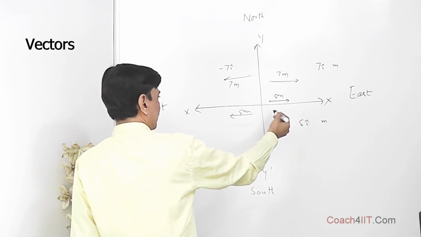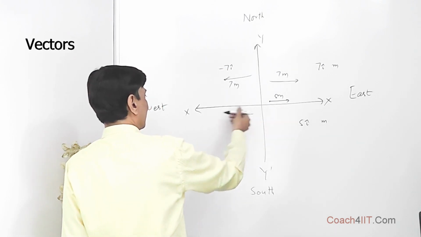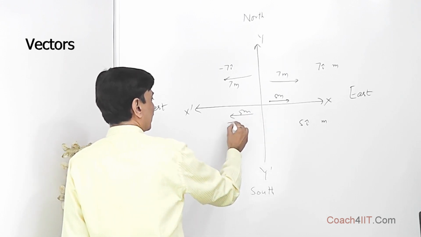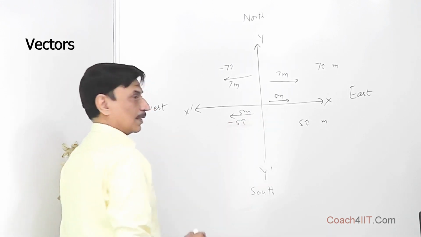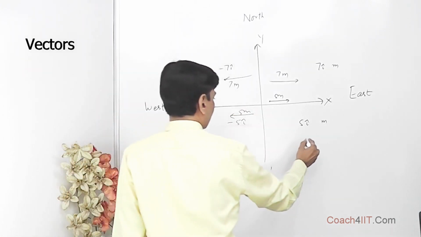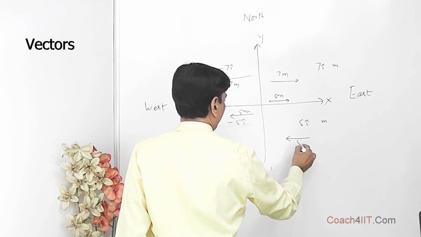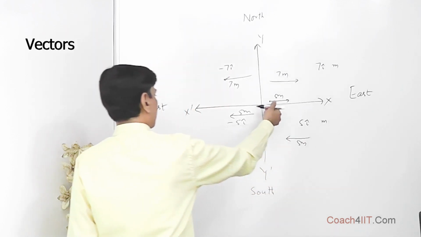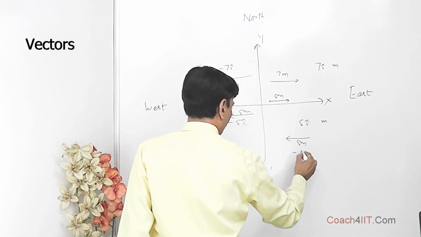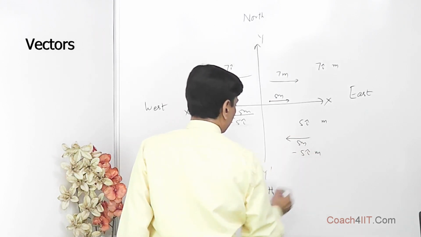If the person has gone along the negative x-axis, we'll say the displacement is minus 5 i cap. Whether the person has gone from here to here in this quadrant or gone 5 meter along the same direction, the displacement is still going to be 5 i cap meter.